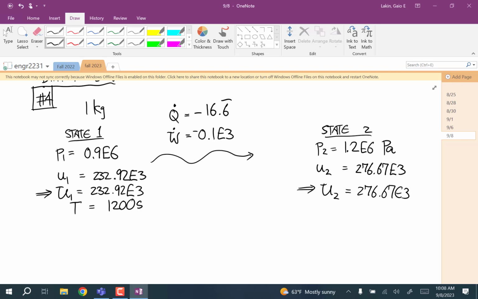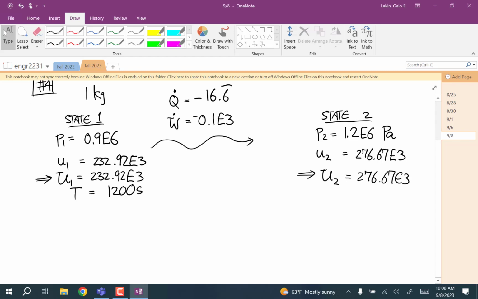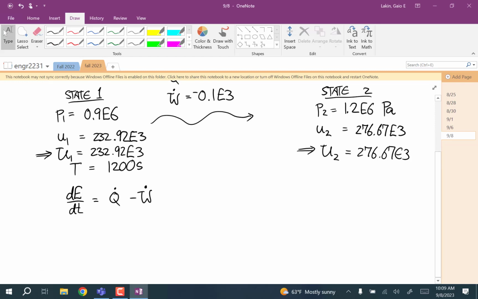So let's write out the equation. So we know that, let's write out the full form. And this is the differential one. So dE dt is equal to Q dot minus W dot.